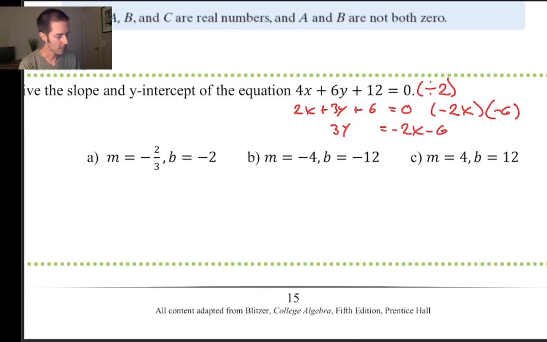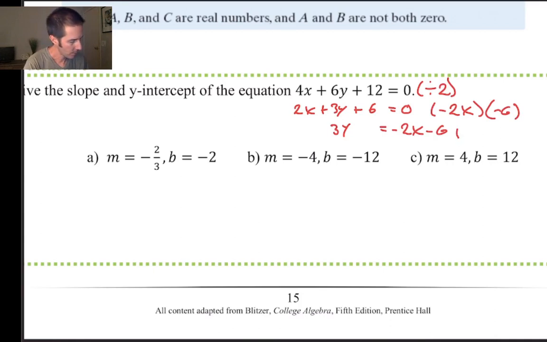Because 0 minus 2x equals negative 2x, and 0 minus 6 equals negative 6. Then we need to remove the 3 from the y. The 3 is connected to the y by multiplication, so we will detach it using the opposite of multiplication, which is division.